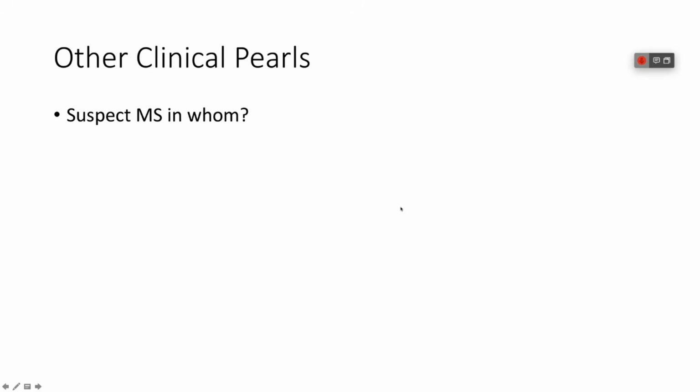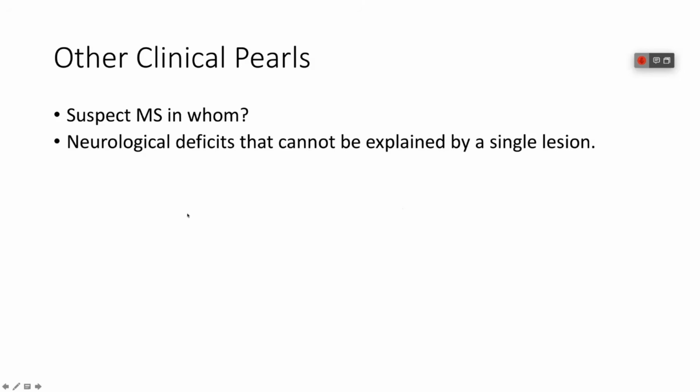So if I can refine that a little bit, I would say it's neurological deficits that can't be explained by a single lesion. Is that a fair representation of what you said? Yes, exactly. So if you get a distribution that looks like the MCA, I guess it could in theory be MS, but it's probably not, right?